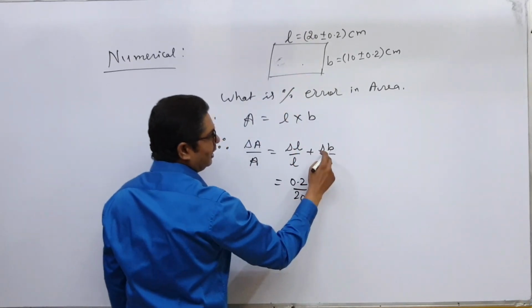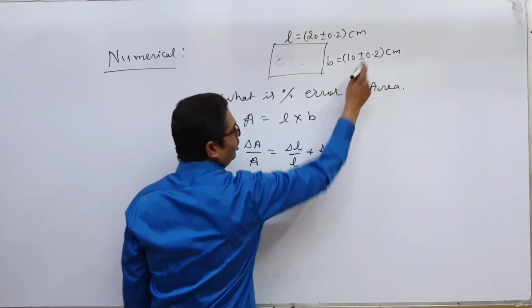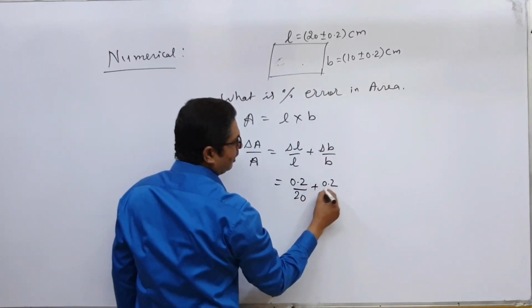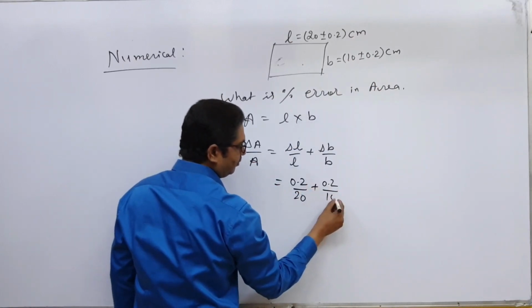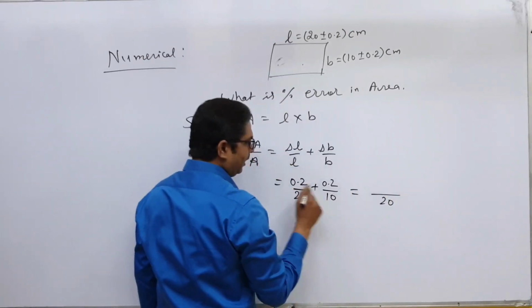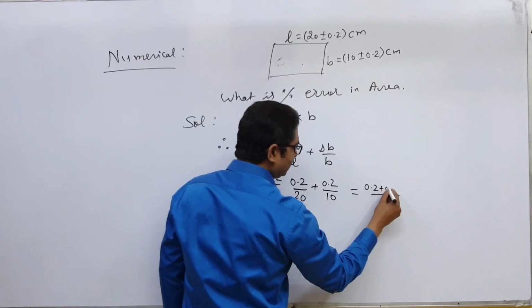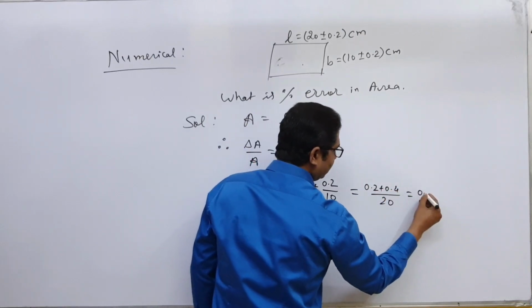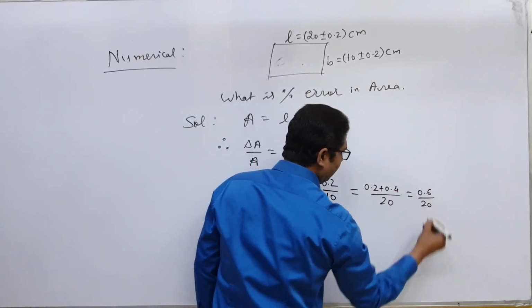Here you have delta B is 0.2 and B is 10. So you have 20 as LCM. Here you have 0.2 plus 0.4. This is 0.6 upon 20.